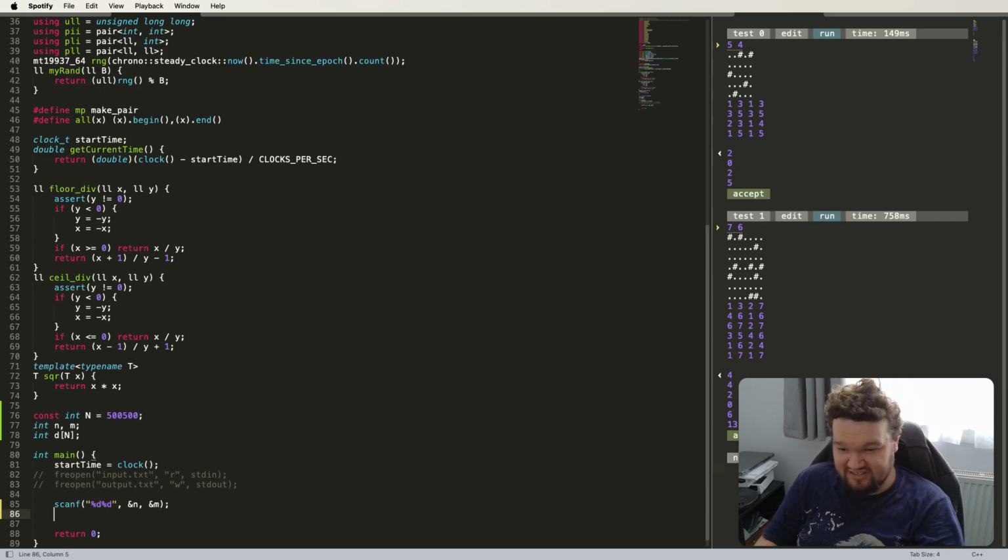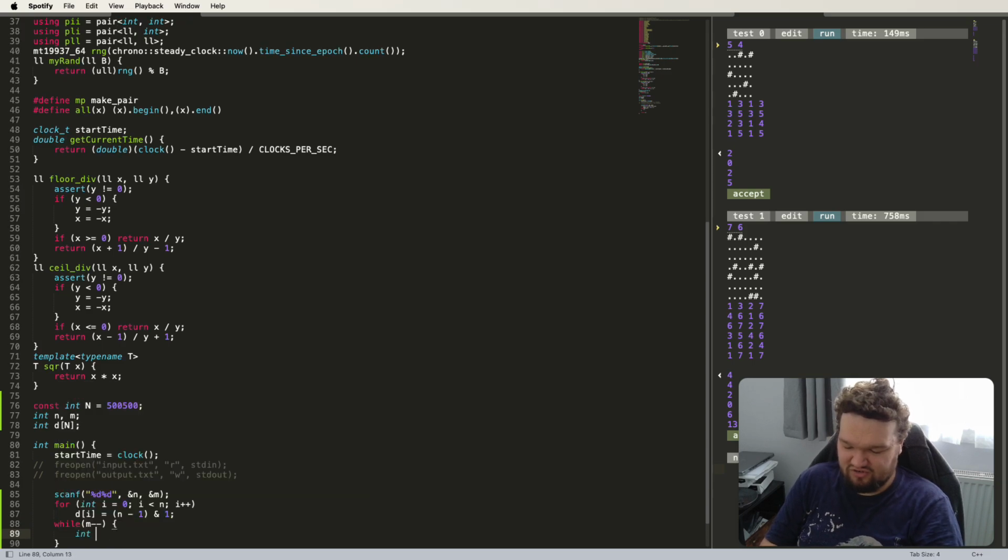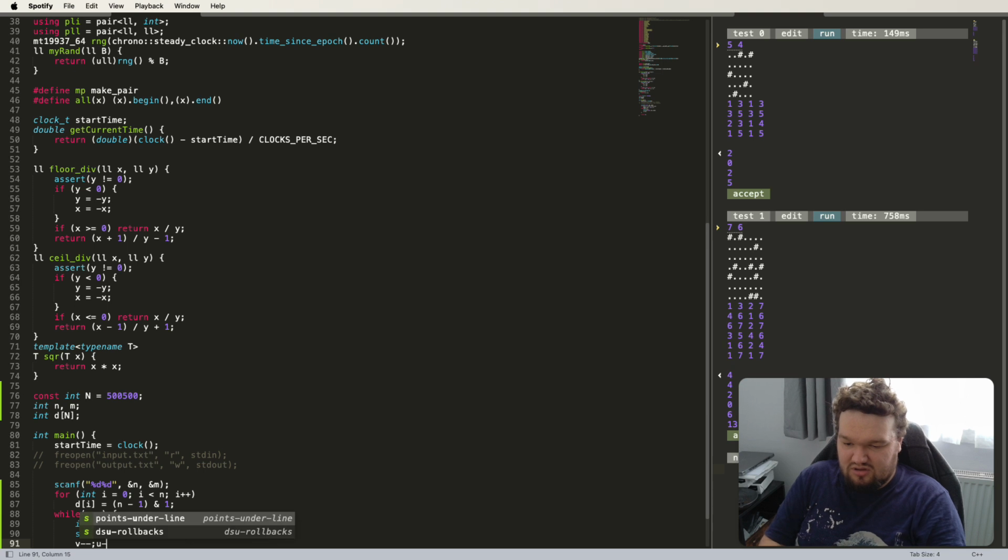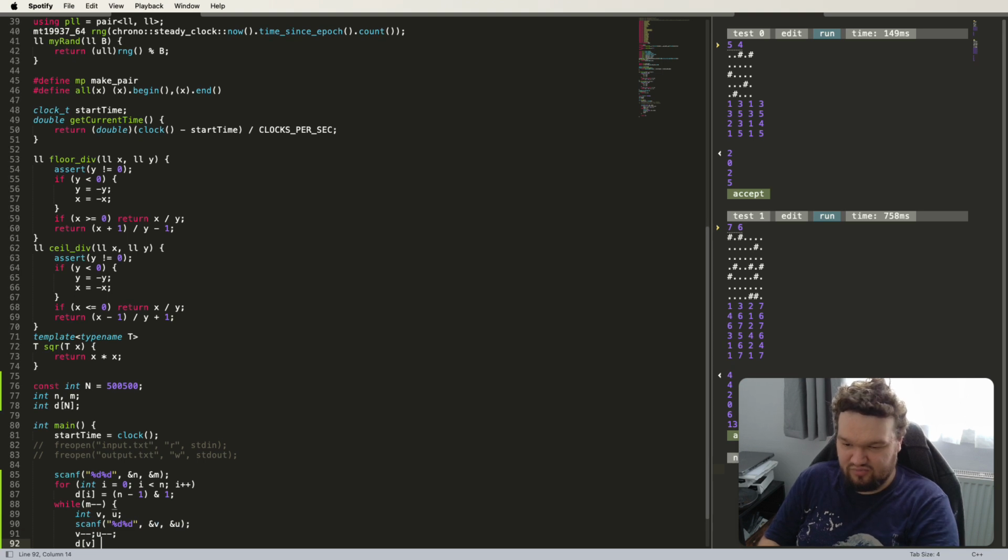So initially the parity of white degree is the parity of n minus 1. And then for my m edges, I flip both parities.